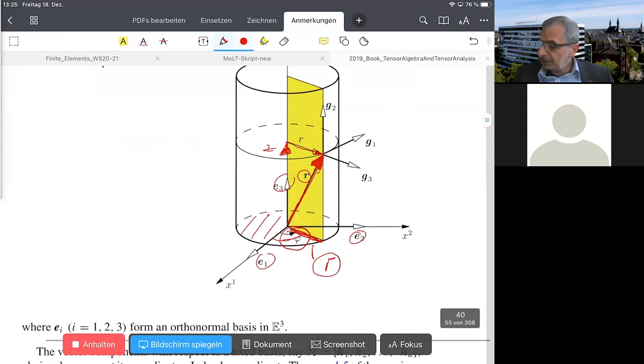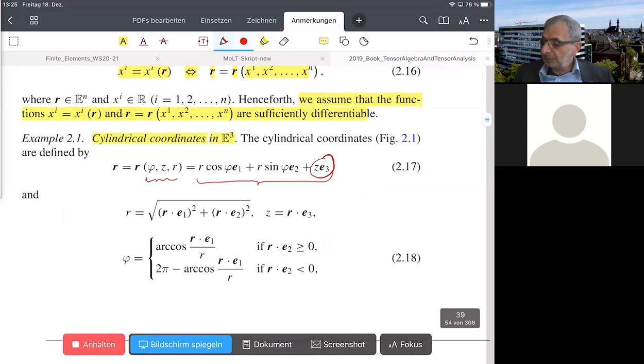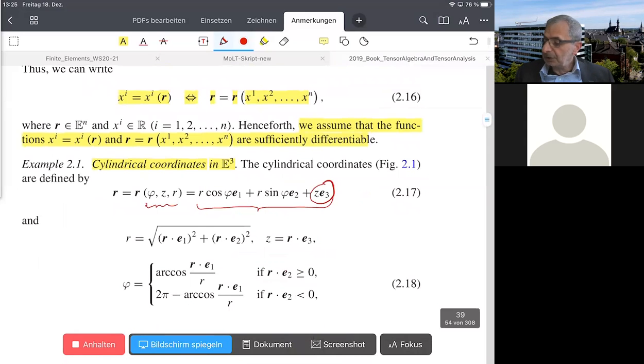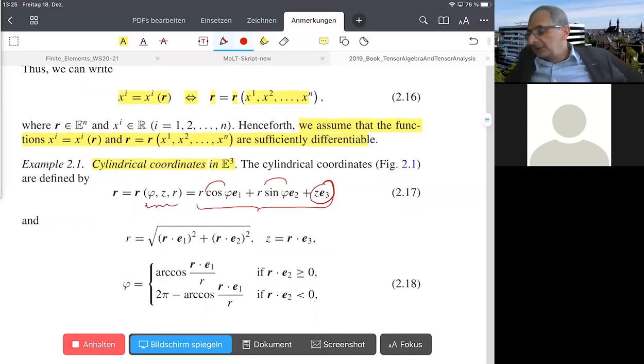And here, this vector is simply decomposed into parts. We take a projection to this axis and a projection to this axis, and these two projections are obtained by means of the directional cosine, cosine phi and sine phi, and they are multiplied by the length of this vector r.